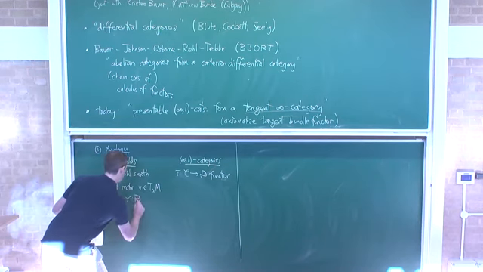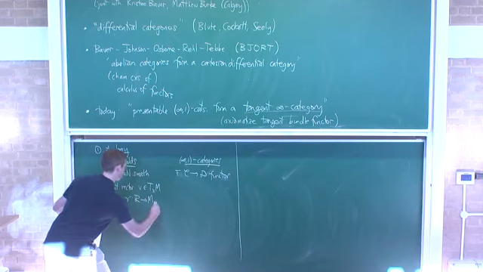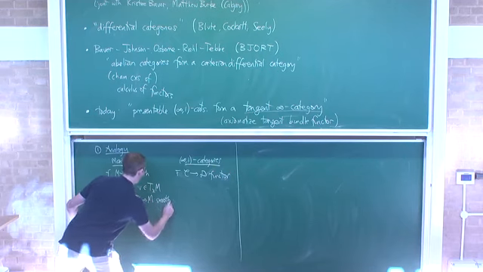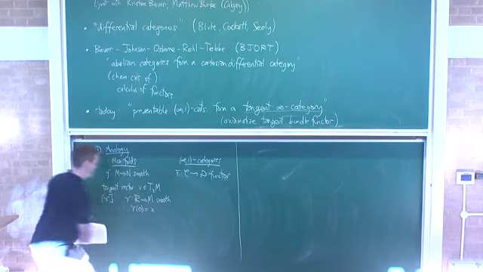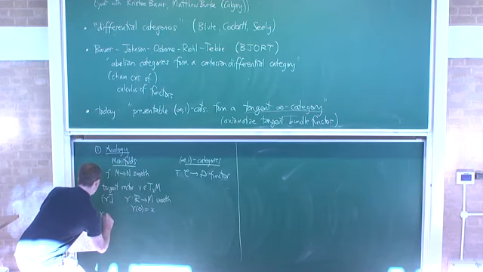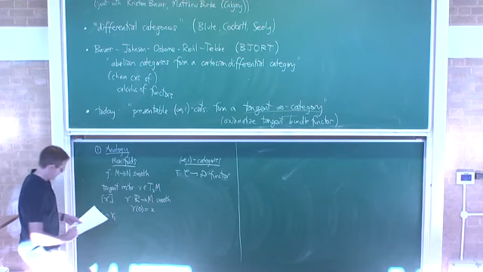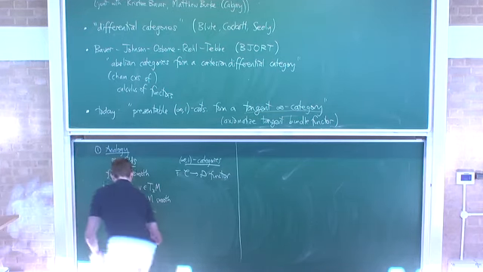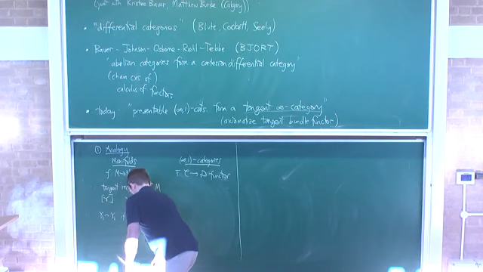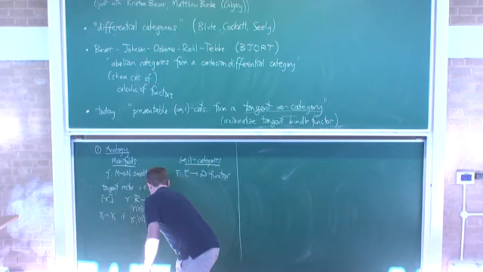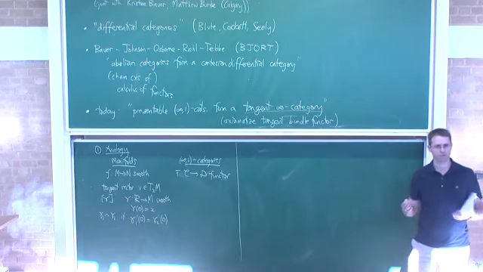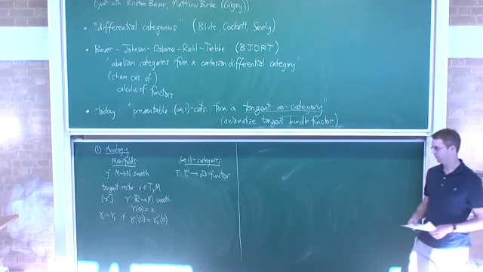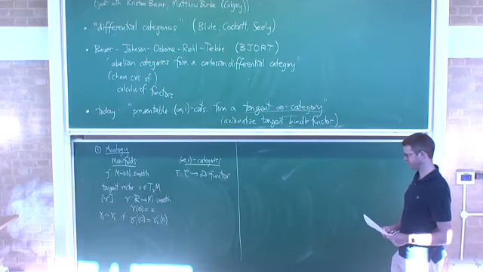So gamma from the real numbers to M is a smooth curve with the property that gamma of 0 is x, and we say that two curves are equivalent if they agree on their first derivatives. So this is saying that a tangent vector is capturing the first derivative of a curve at the point x.